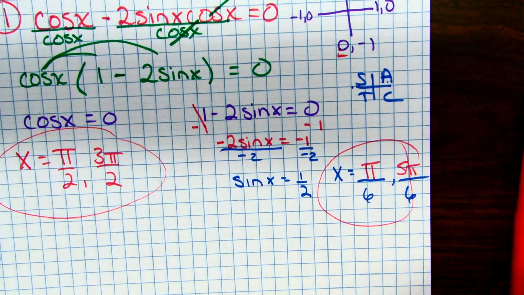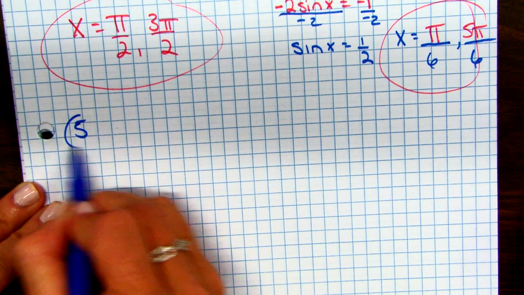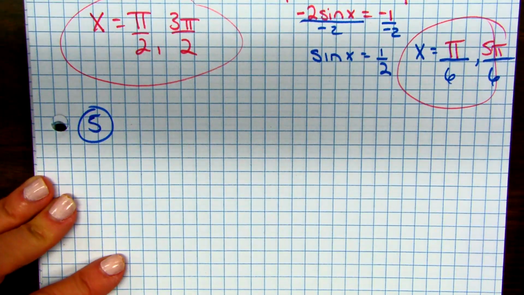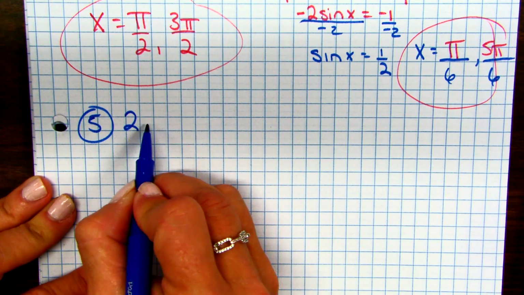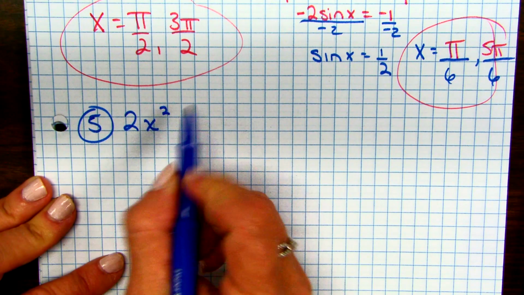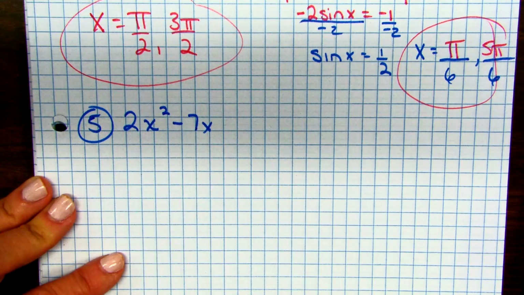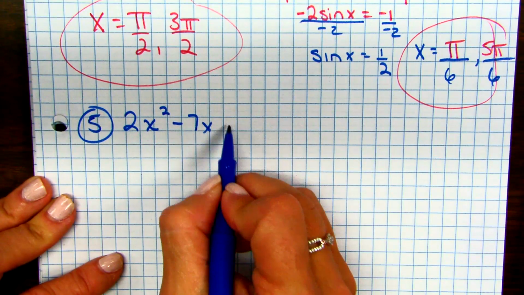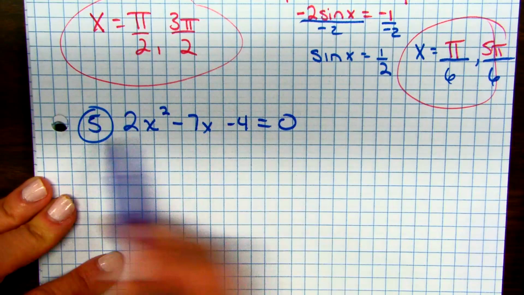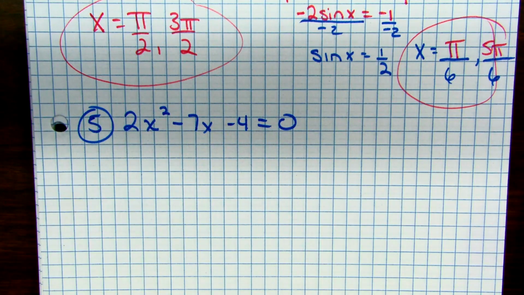But I told you I was going to do one of the chart problems with you. So let's do number 5. I'm going to just go ahead and write it as a quadratic from the paper to the work here. So on these types where I have to do a chart, I like to get rid of the word in the beginning. So I just wrote it how it would look algebraically.